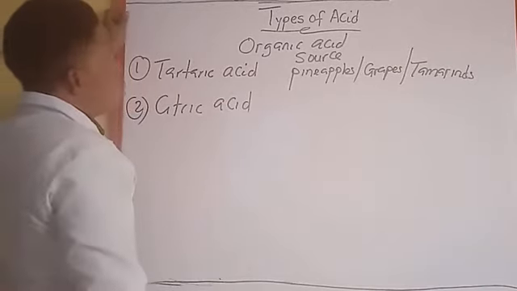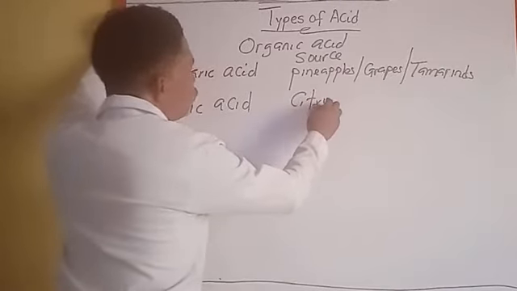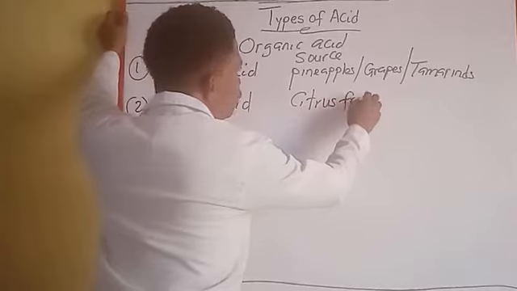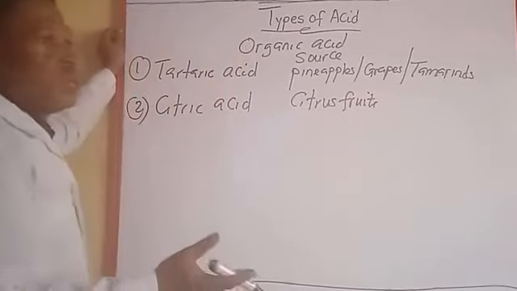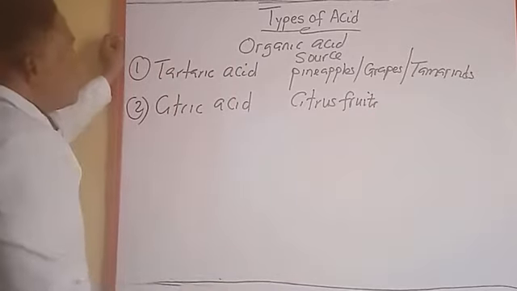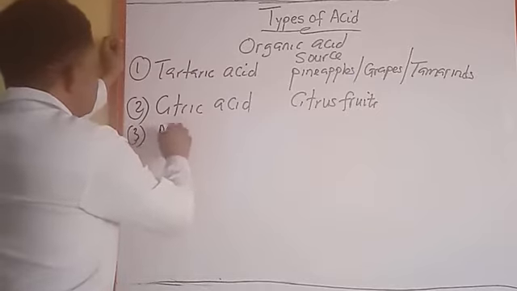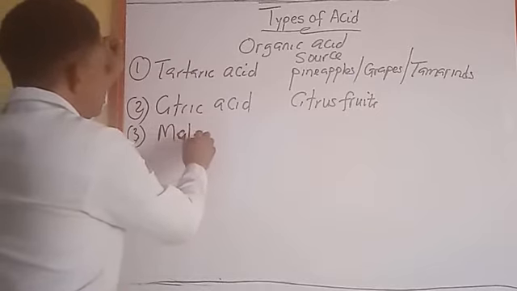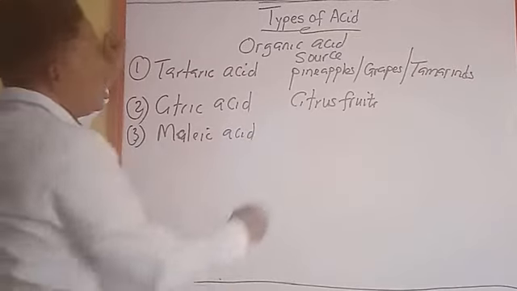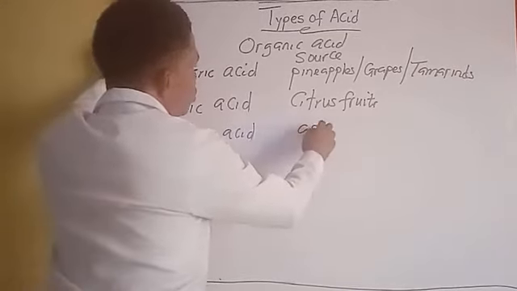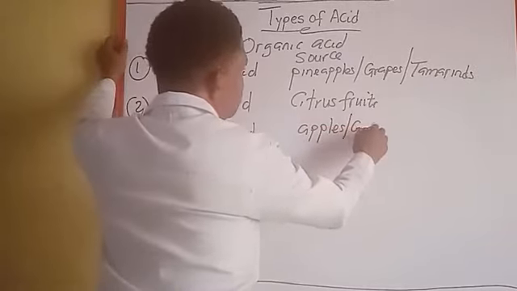Now citric acid has a source, and the source is citrus fruits, like lemon and oranges. You get your citric acid. Number three, we also have malic acid. Your malic acid can be found in apples and in grapes.